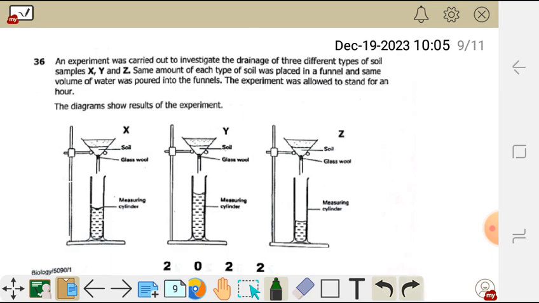Okay, so what they did, they had these funnels here. They placed these funnels, and then they also put different types of soil in those funnels there.